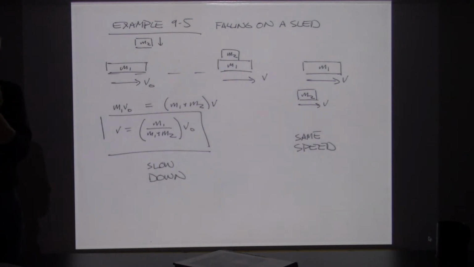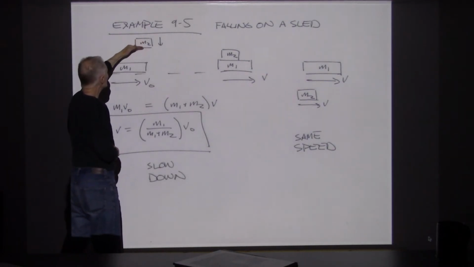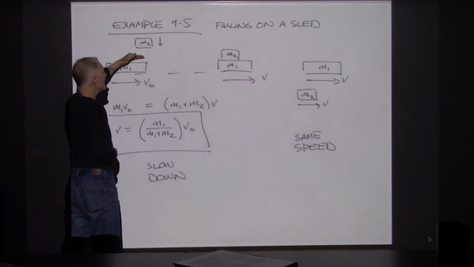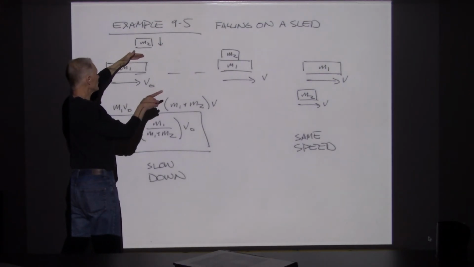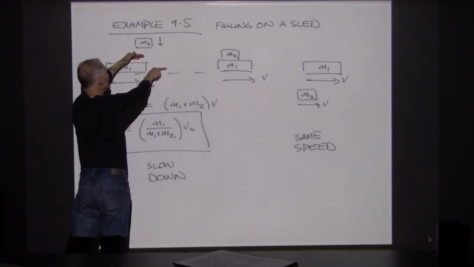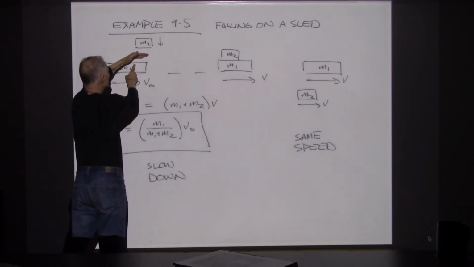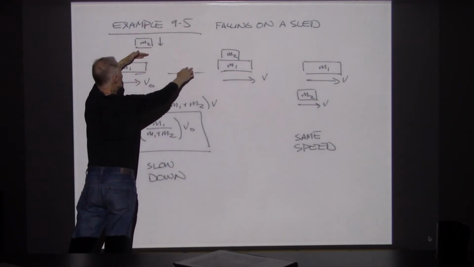So where were the forces that caused the sled to slow down? When M2 first lands here, M2 is not moving forward. M1 is moving forward, but M2 is not. If this were completely frictionless, then M2 would stay here and M1 would continue forward and just slide off.